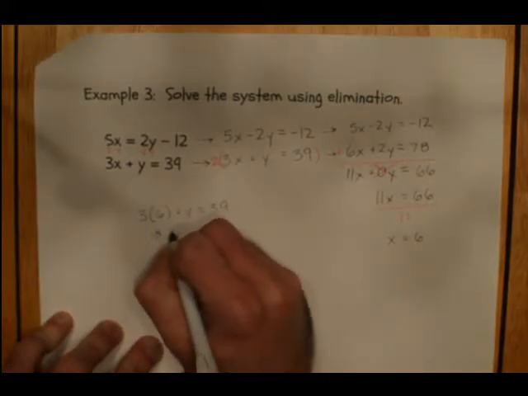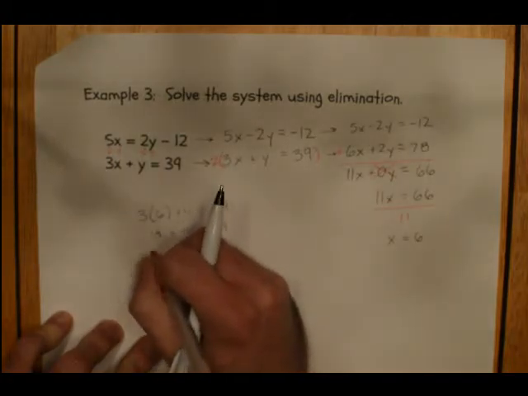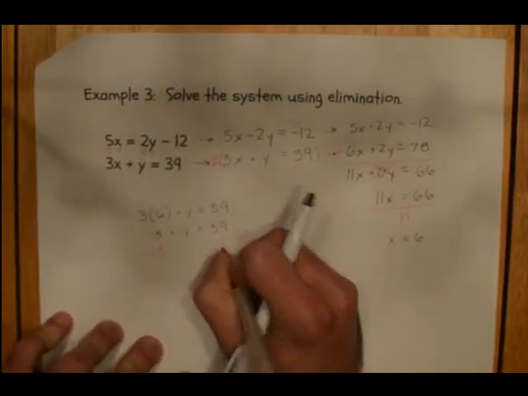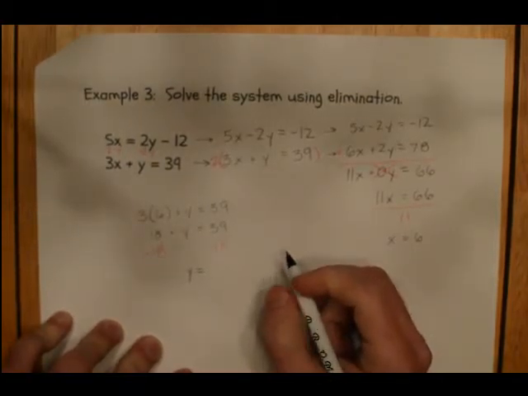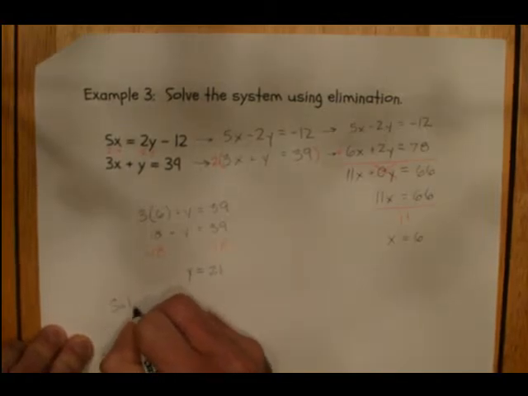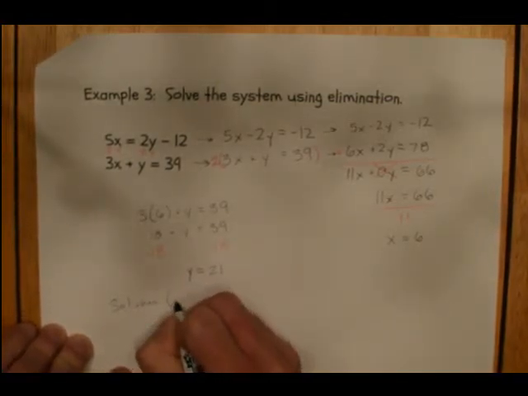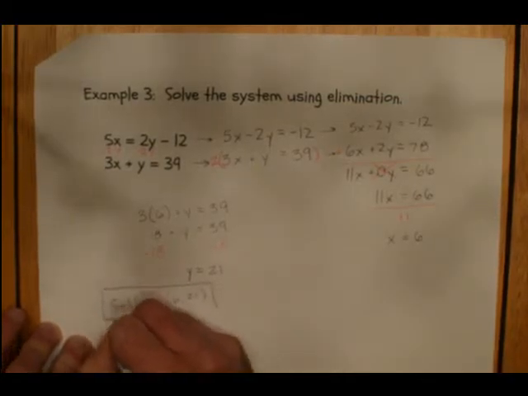That is 18 plus y is equal to 39. And we'll subtract 18 from each side. So y is equal to 39 minus 18, we've got 21. So it looks like we've got a solution here of (6, 21). But we'll check that and make sure.